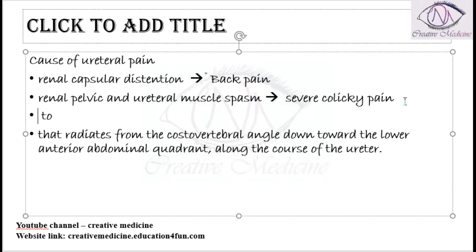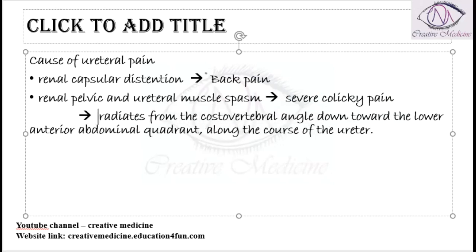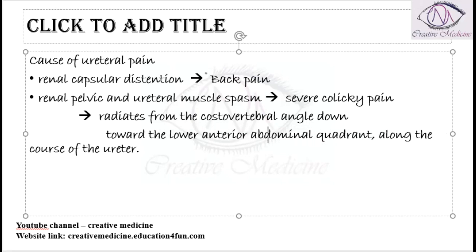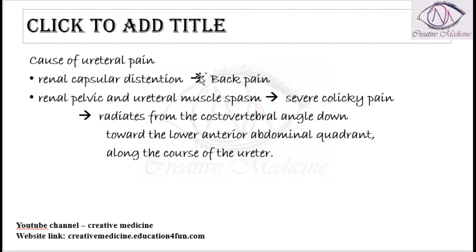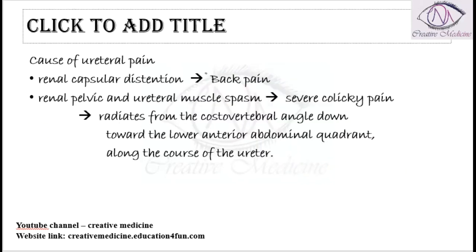Now this renal pelvic or ureteric spasm is the one which will radiate from the costovertebral angle down towards the lower anterior abdominal quadrant, that is, along the course of the ureter. So this pain radiates from the site of obstruction downwards through the course of the ureter, towards the anterior abdominal quadrant.